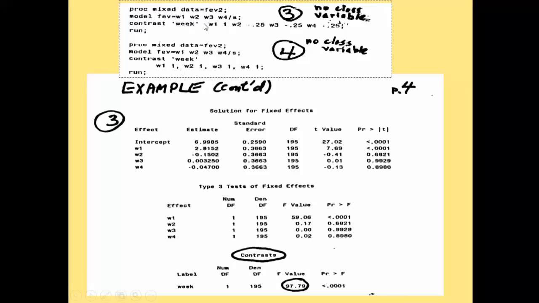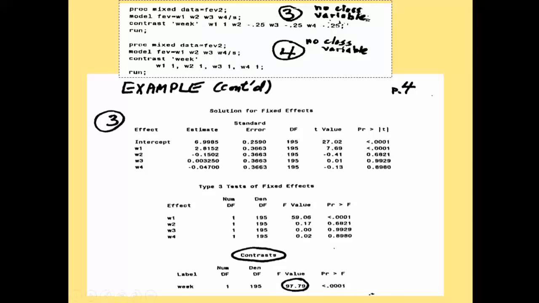What about this? What's this doing? What tests are being done? How many tests are being done from this? It's only one test because there's only one contrast statement. Are you getting a test for the overall effect of the difference between the 5 weeks from this code? And the answer is no.